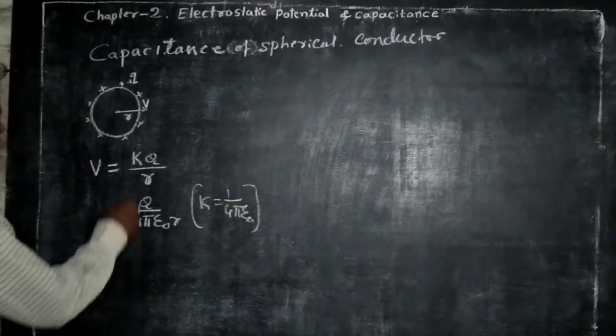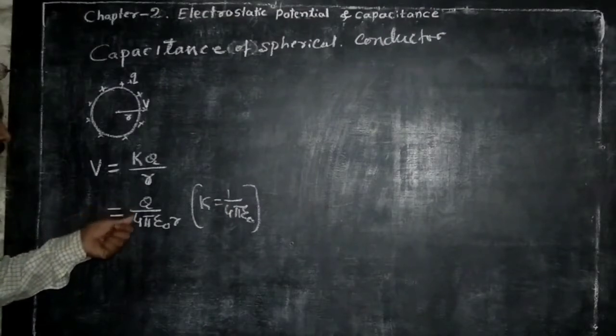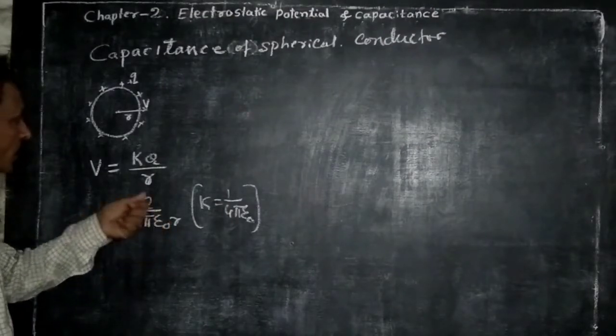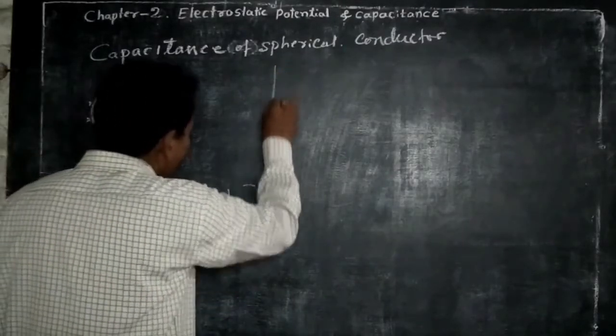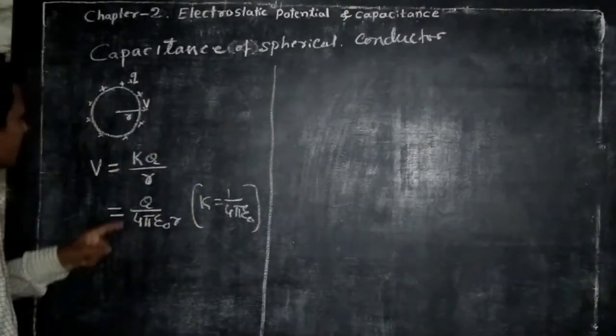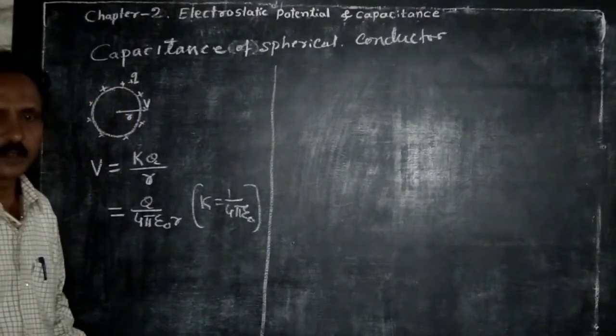And potential at any point on the surface of the conductor is q upon 4 pi epsilon naught r or kq upon r. And we know that when charge is given to a conductor, its potential increases.